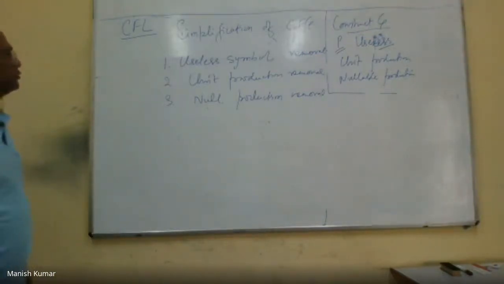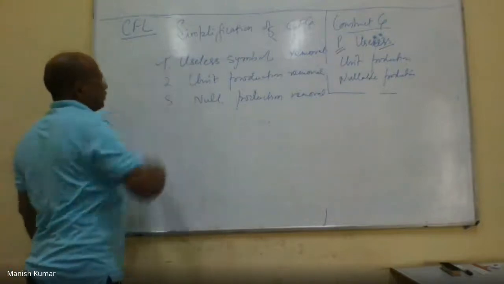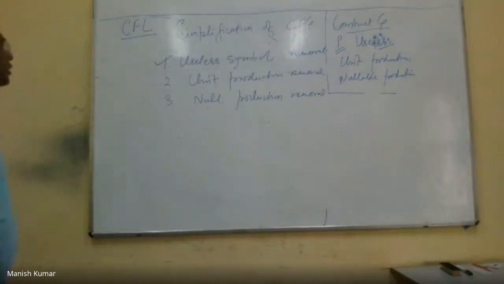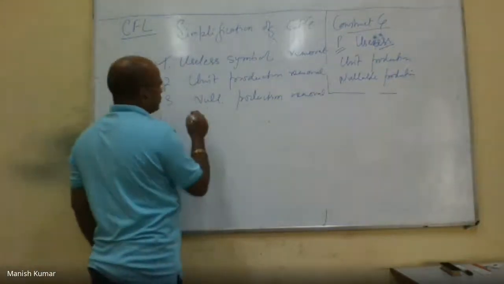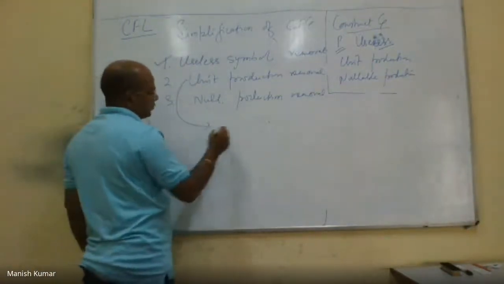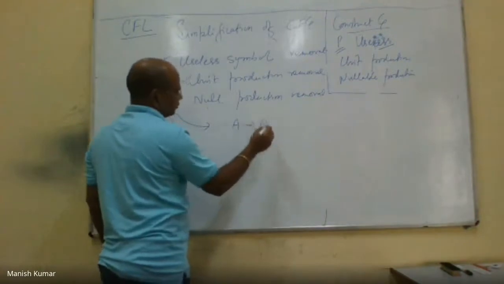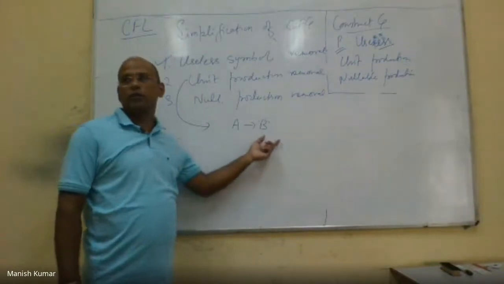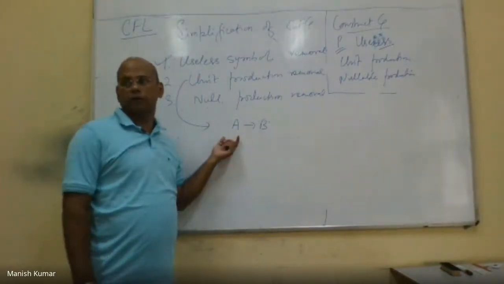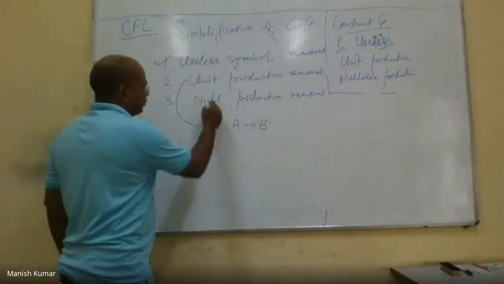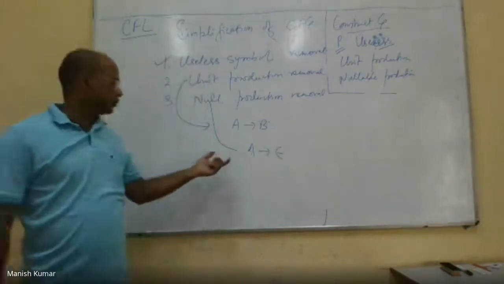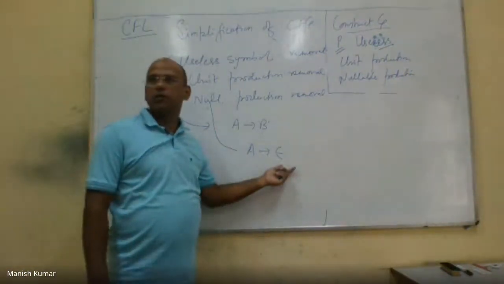So we'll start with what is a useless symbol, how you will declare any symbol as a useless one, and then certainly we'll go for unit productions and null productions. A unit production is one where both the left hand side and right hand side include a single non-terminal. Whereas a null production is where a non-terminal produces the empty string.